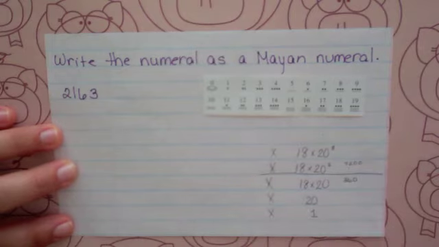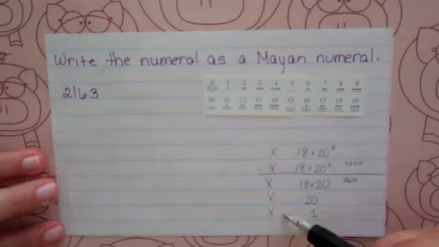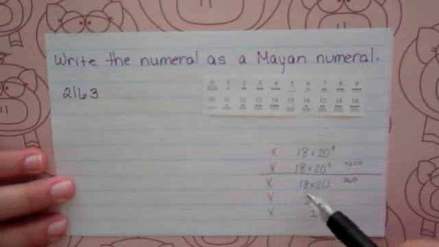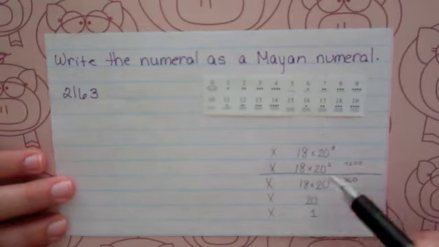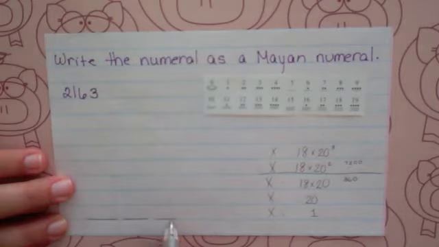So whatever I end up with, my Mayan numeral is going to have 3 digits. The first place value I'm going to look for is the biggest one, which is these 360s. This is going to be my 18 times 20 spot, my 20 spot, my first spot, and of course I'm going to write these vertically as my answer.